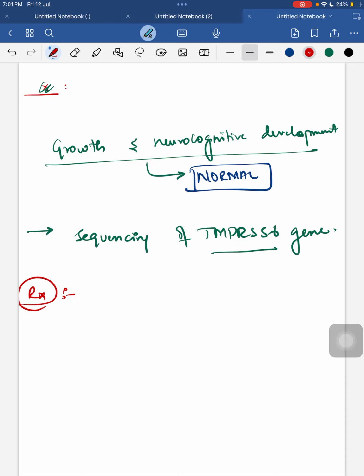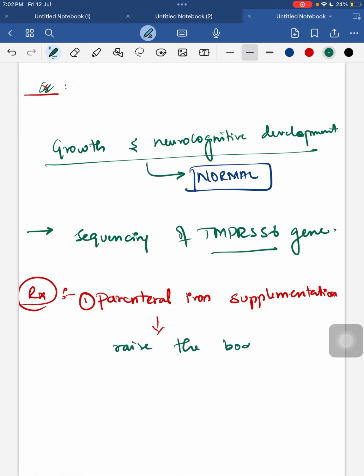Because macrophage processing should be there to make your iron available for your erythropoiesis, but this macrophage processing will be impaired in patients with iron refractory iron deficiency anemia. So your hematological response is usually very slow and it is not complete.